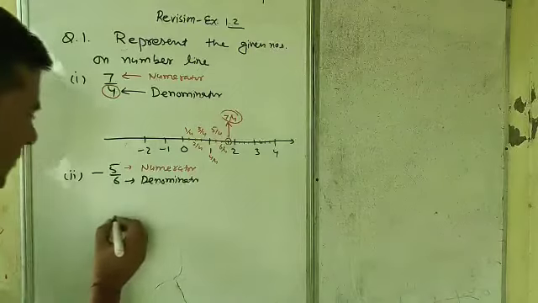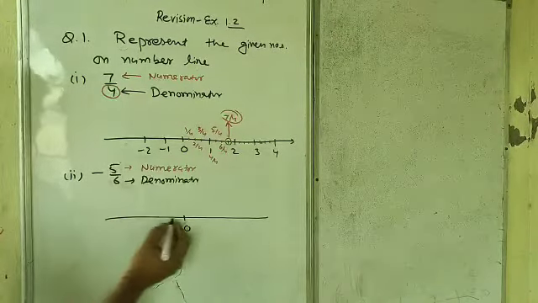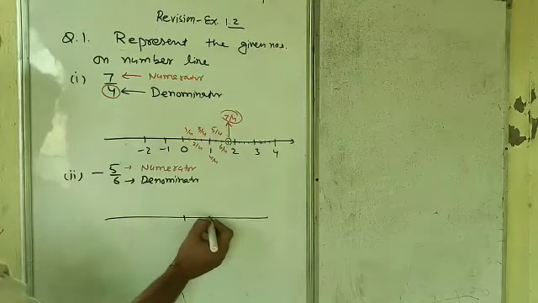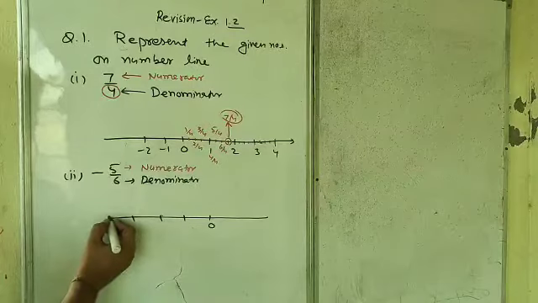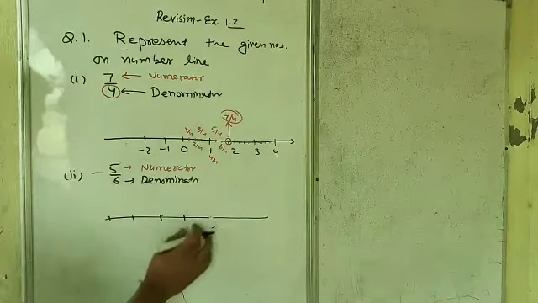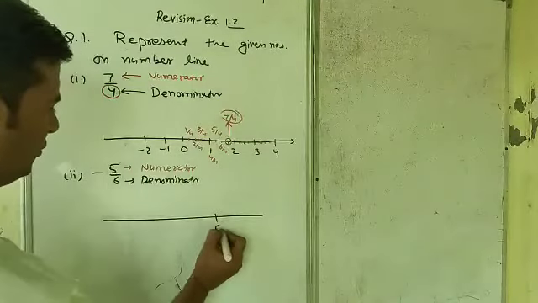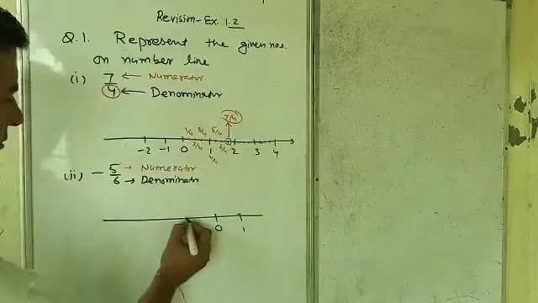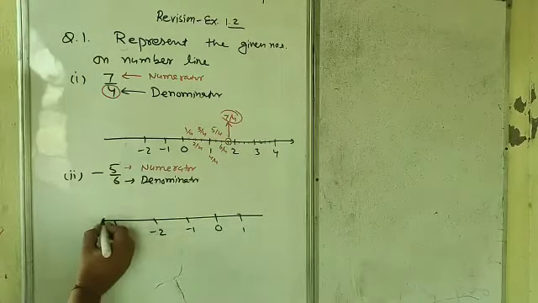Look at this. Draw a line. Mark a point 0. Because it is negative, we will go to the left: mark 0, 1, 2, minus 1, minus 2, minus 3.